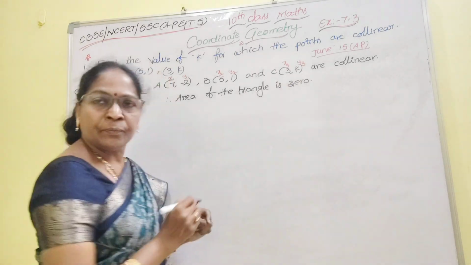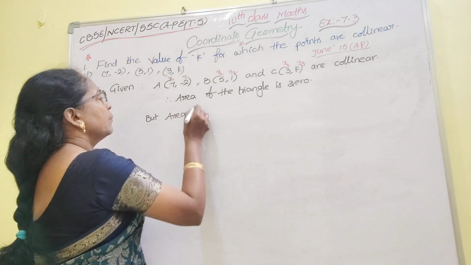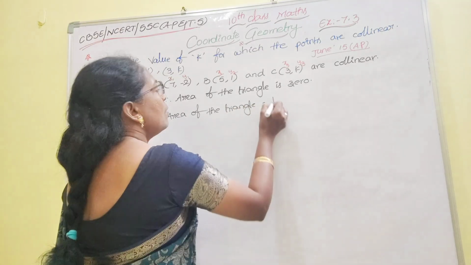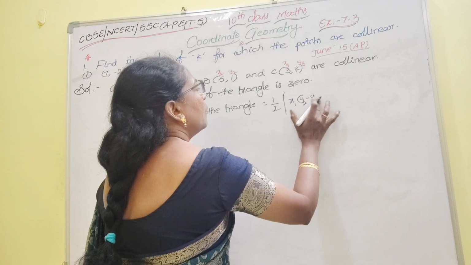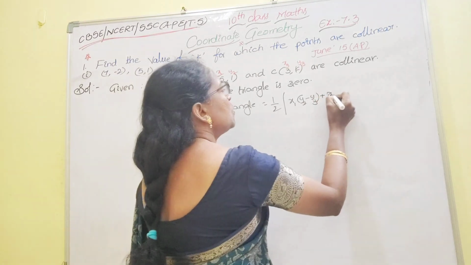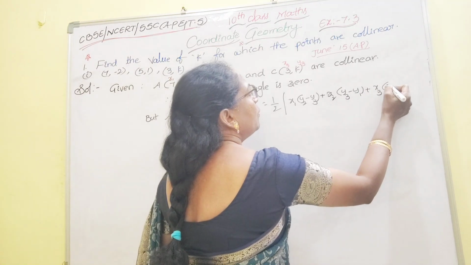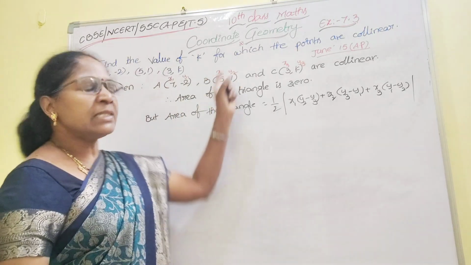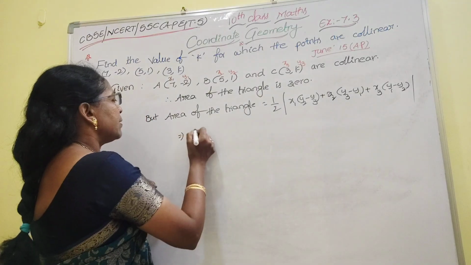But area of the triangle formula: area of the triangle equal to half modulus of x1 into y2 minus y3, plus x2 into y3 minus y1, plus x3 into y1 minus y2. This is the area of the triangle formula. See here, these 3 points are collinear points, means the entire area of the triangle equal to 0. Now you have to substitute the values.